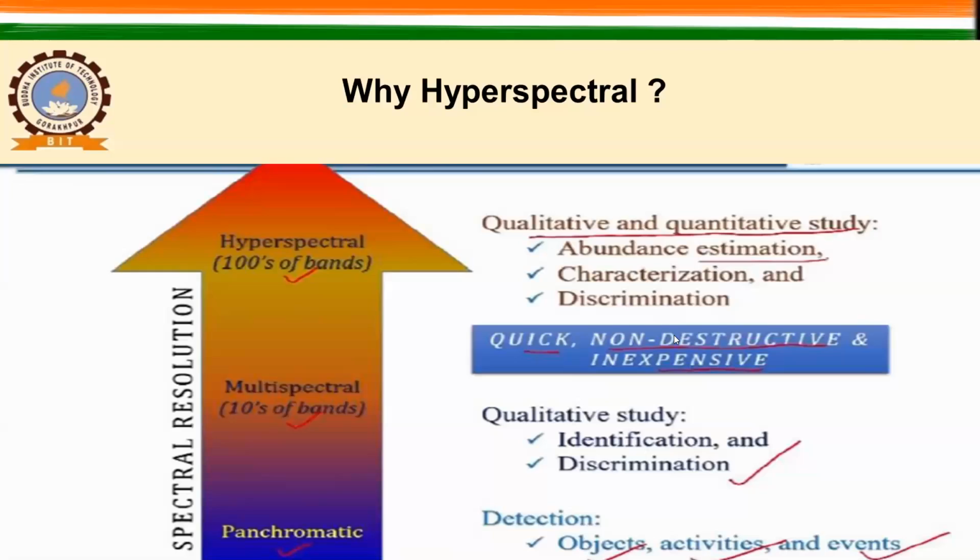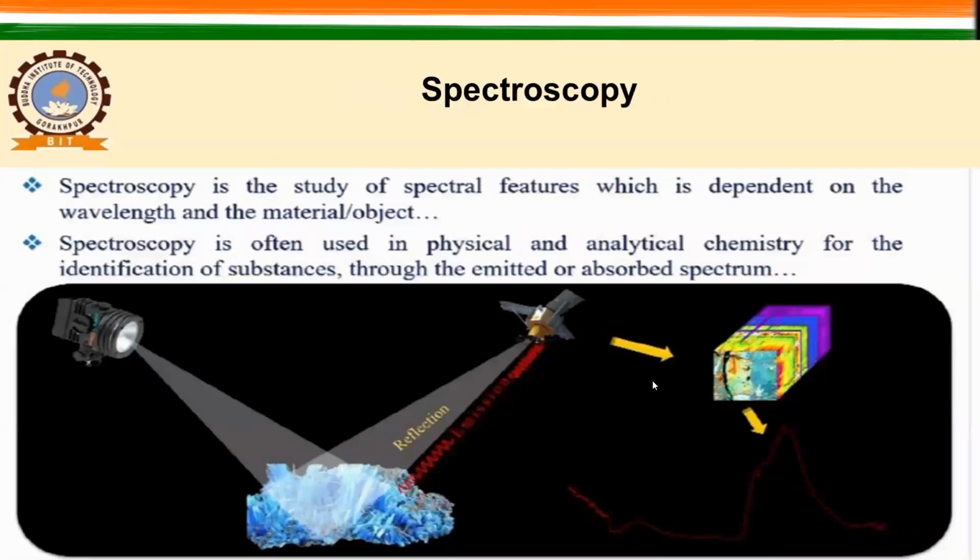You are just going to acquire the spectroscopic information captured in those particular bands, right? So you don't have to bring it to your lab. As it is in the field, you can measure this information, and subsequently you can analyze it for abundance estimation, right? Now, what exactly do you understand by spectroscopy?